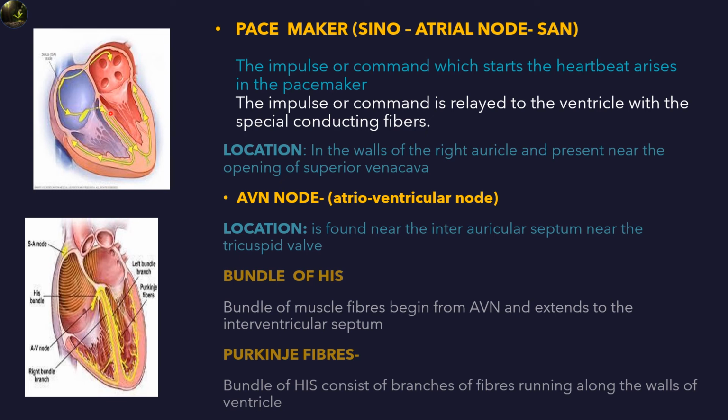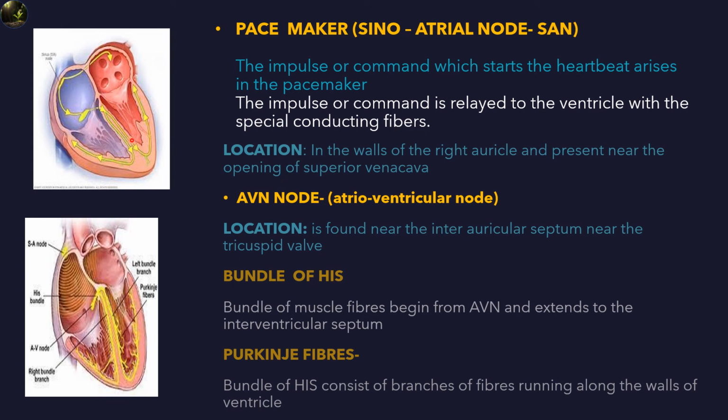These muscles, a bundle of muscle fibers, we call the bundle of His. Then it will collect the impulse from the AV node and extend to the interventricular septum.